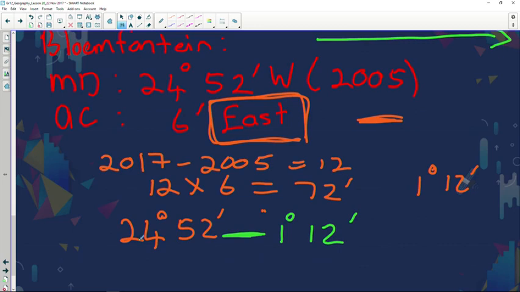So 24 degrees, 52 minutes minus 1 degree, 12 minutes.